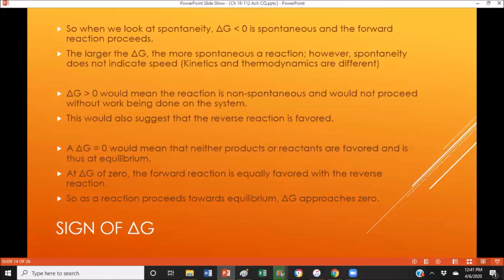That is the definition of equilibrium. So as a reaction proceeds, as it goes forward, delta G is going to get less and less negative until it approaches 0. So if this is negative, eventually it approaches 0 and stops. It's going to hit equilibrium.